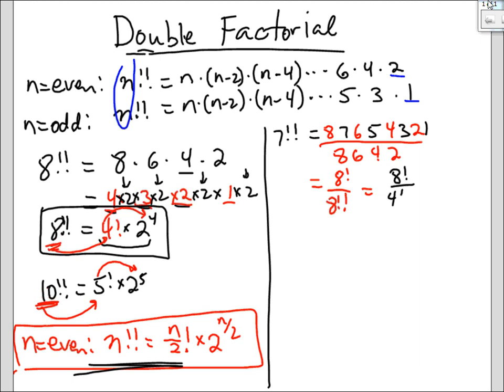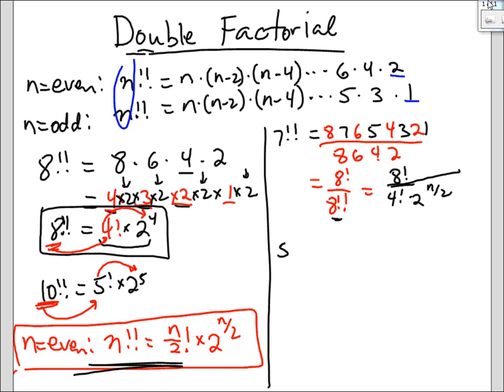It's half of this number, factorial, times 2 raised to that number. Okay, and that's the rule for 7 double factorial, excuse me.